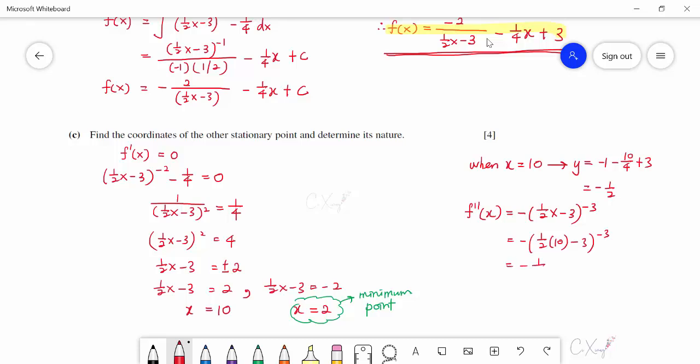And you'll get negative 1 over 8, which is smaller than 0. So from here, you can make the conclusion that the point 10, negative half is actually a maximum point. Alright, so this is how we complete this question number 10.